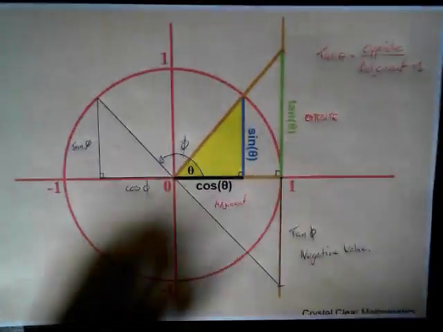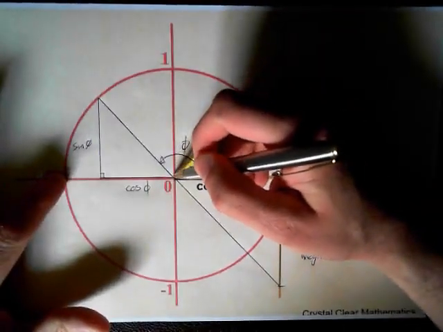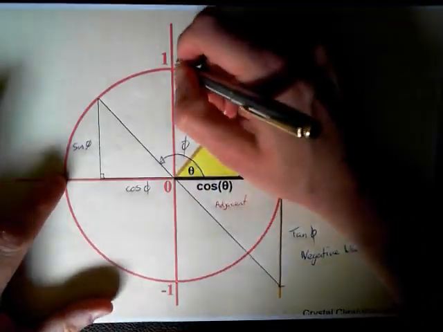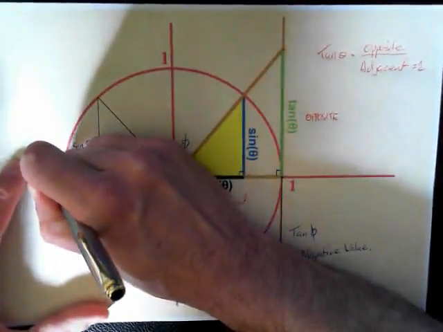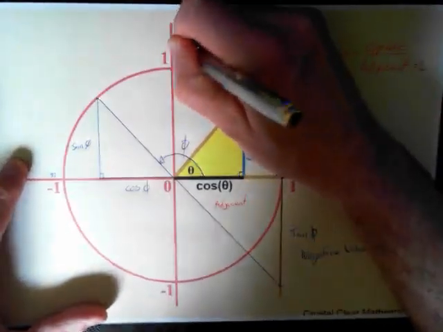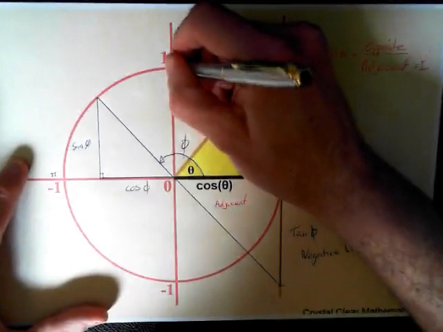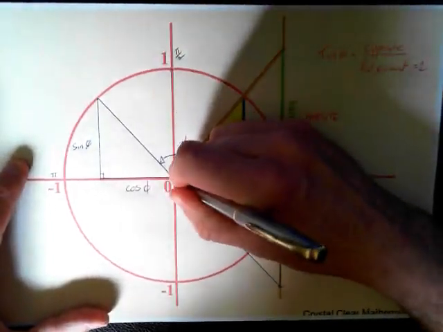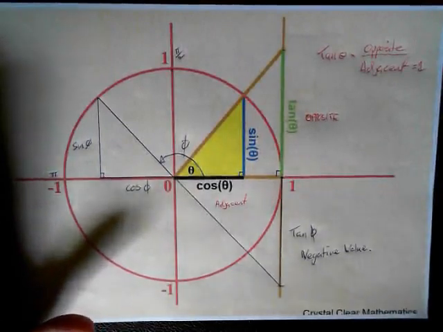Is that true? Well, let's have a look. Pi on 2 is up here. Remember, this is pi. This is pi on 2. So pi on 2 would be 90 degrees. So the sine of pi on 2 is 1. And the calculator will do that because it's in radian.